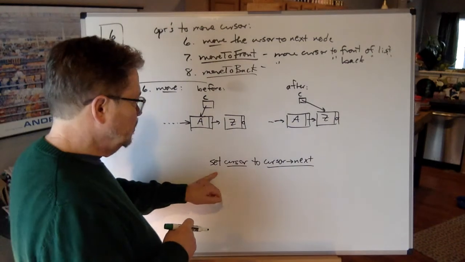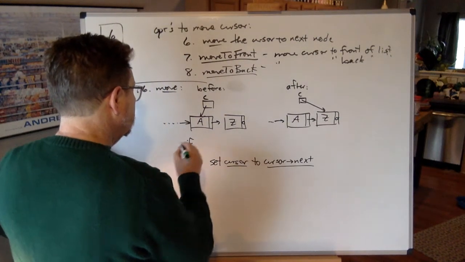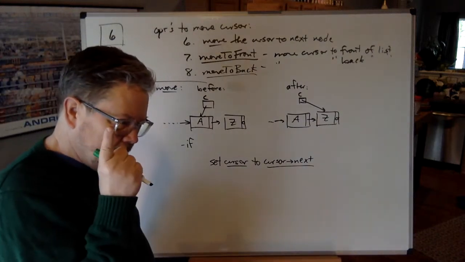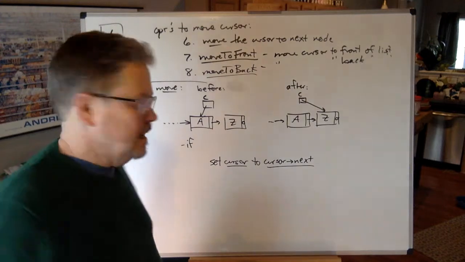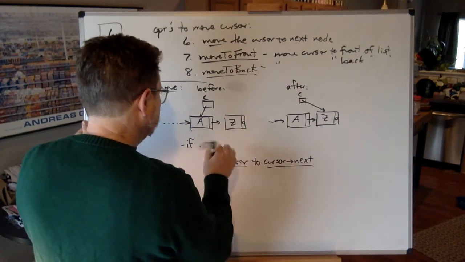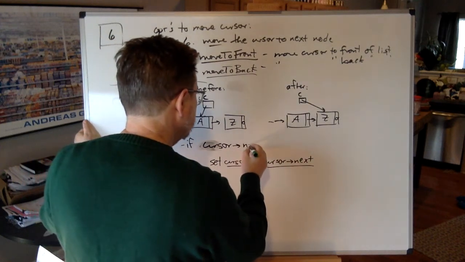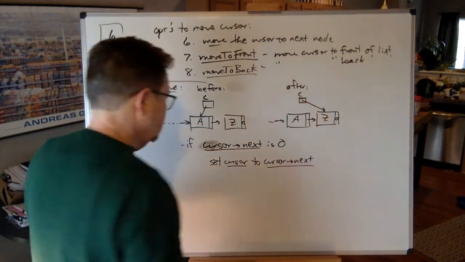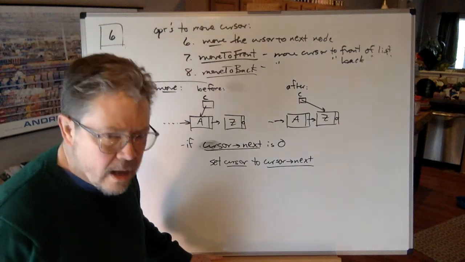We're going to observe our own self-imposed rules, also known as class invariants. So we better check. We do this conditionally. If cursor arrow next is 0, we can't do it.